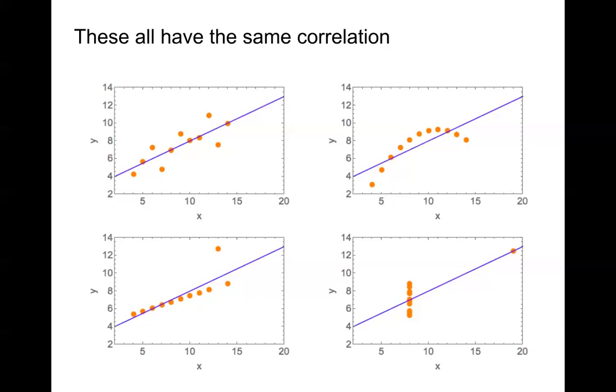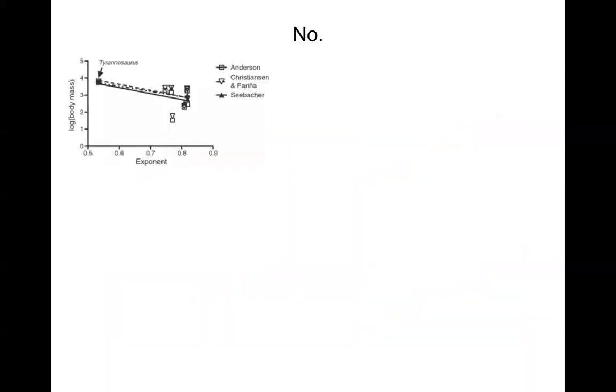Lower left, does that seem okay? Which one? Does anyone know the assumptions behind the math that literally leads to the derivation of the correlation coefficient? I'll give you a hint. Here's what not to do.